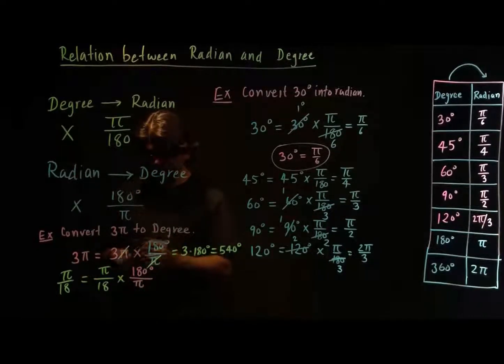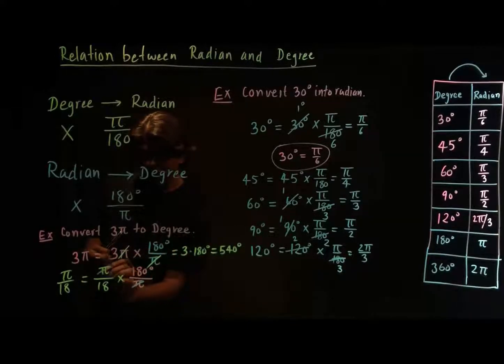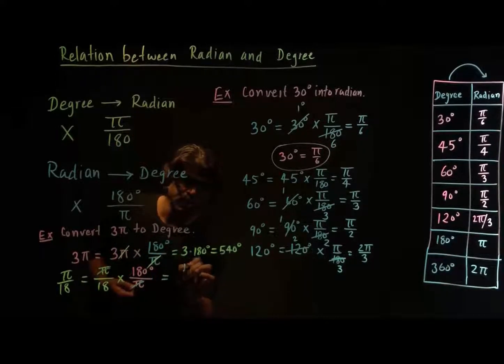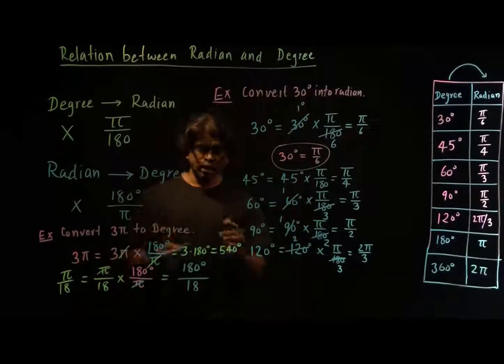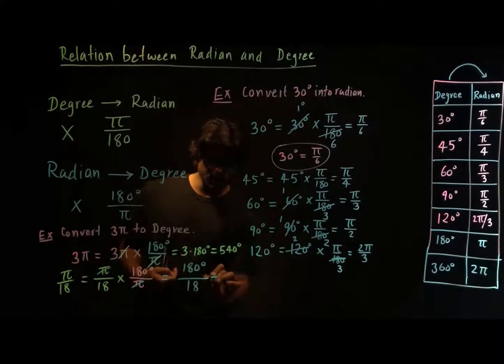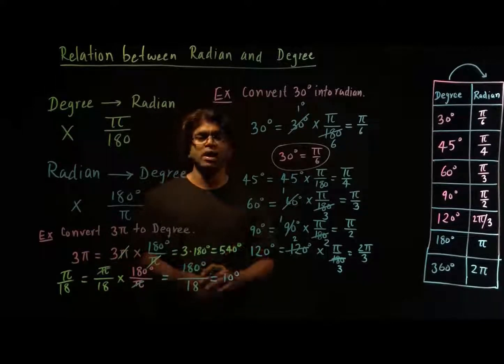As you can see, I can cancel my pi with pi. And what is left? I am left with 180 degrees over 18. And 180 over 18 is 10 degrees. So pi over 18 is basically 10 degrees.